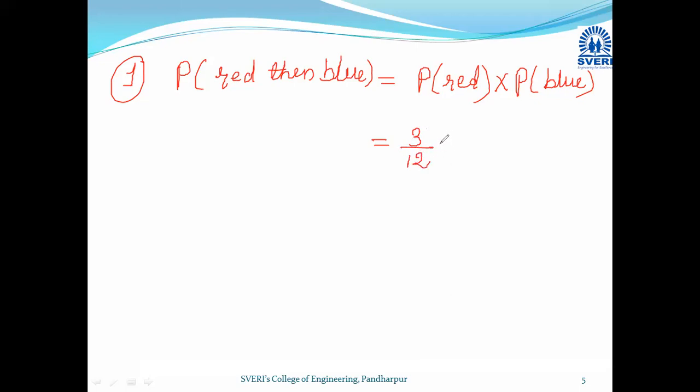So 3 divided by 12 into blue. How many blues are there? 5. 5 out of 12, which is equal to 15 divided by 144. So 15 by 144 gives 5 divided by 48. So the probability of red and then blue is 5 by 48.